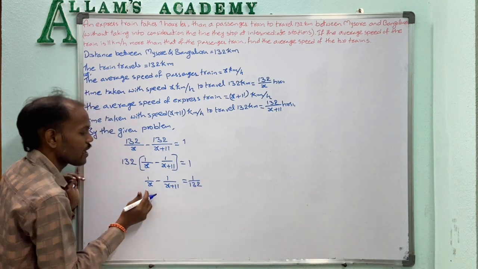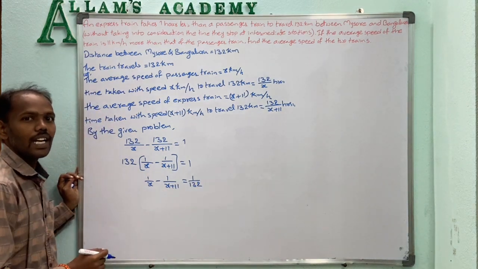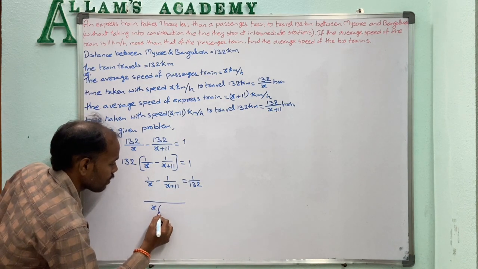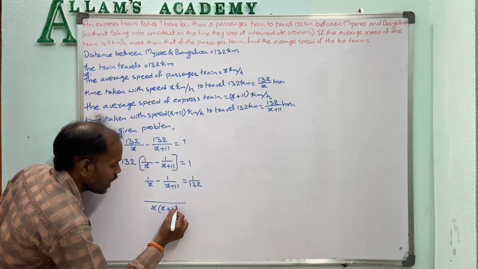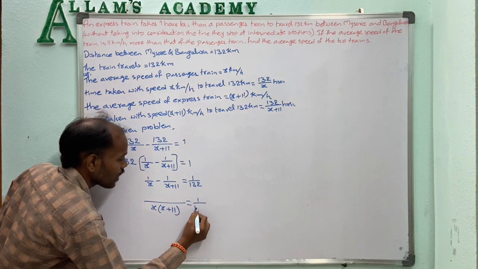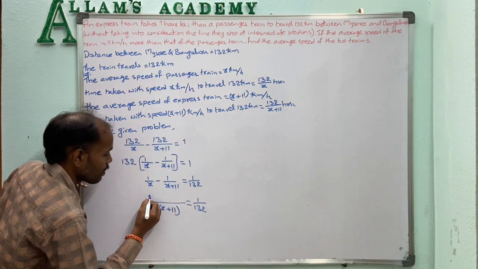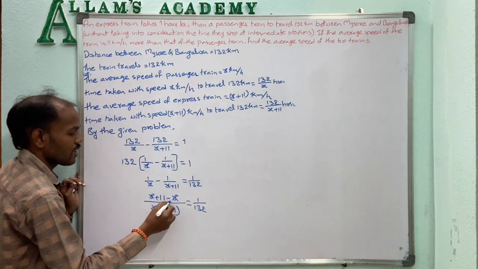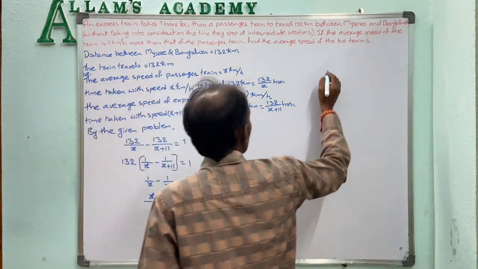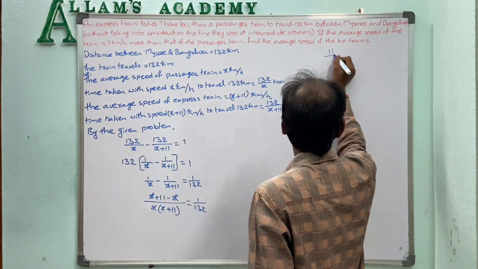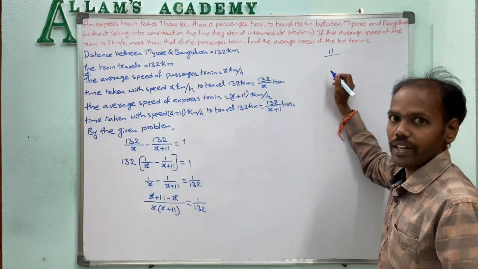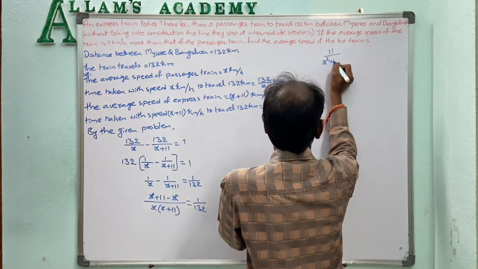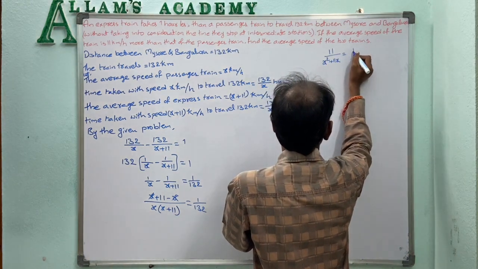Now observe the denominators: the LCM of these two fractions is x into x plus 11. For the numerators, by cross multiplication, we get x plus 11 minus x. x minus x gets cancelled, so that is 11 by x into x plus 11, that is 11 by x square plus 11x, equals 1 by 132.